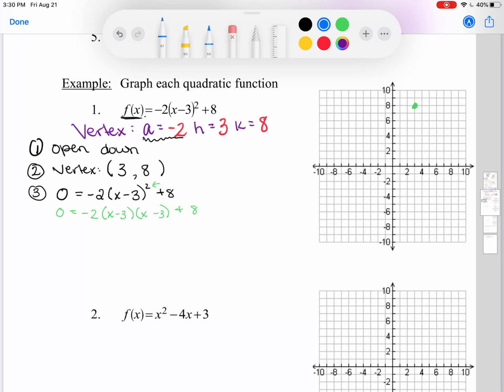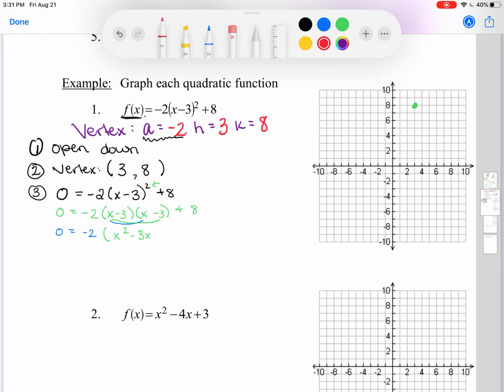Once we do that, we have 2 sets of parentheses right next to each other, so we are going to FOIL, or you might know this as double distribution. As soon as I use double distribution, I'm going to go back to green here so we can follow along. When I do x times x on the inside, it's going to come out as an x squared. Then I'm going to distribute out to the next term. X times -3 is going to give me -3x.